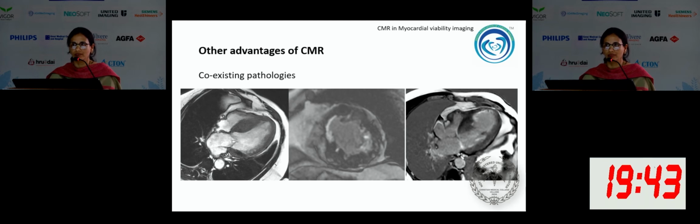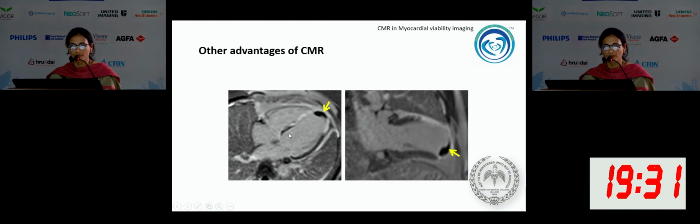Other pathologies, which can be totally missed on other modalities, we can see better on MR. For example, this patient also had a hypertrophic cardiomyopathy as well as an infarct, which we will not see either on SPECT or PET. Other complications in patients with infarcts, for example, thrombus, again will not be picked up on PET or SPECT.